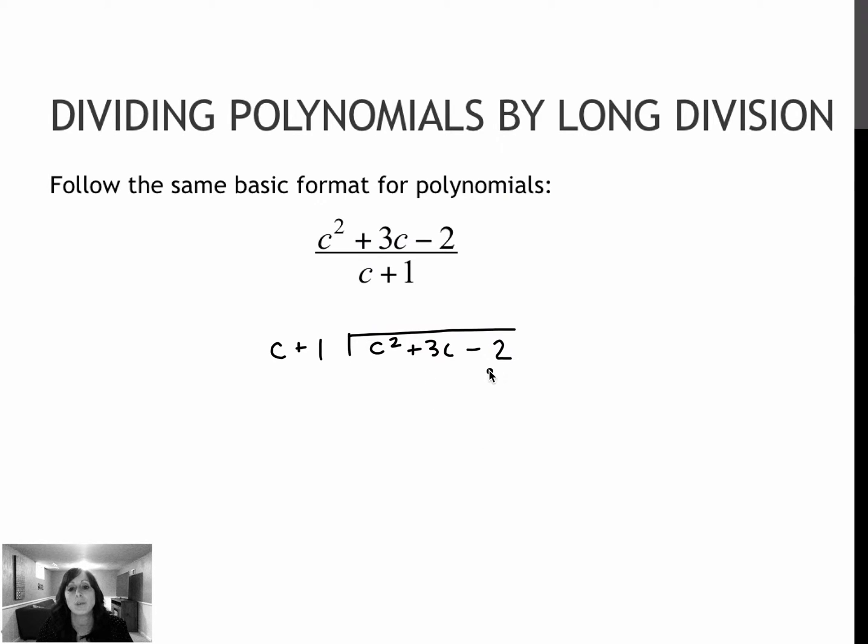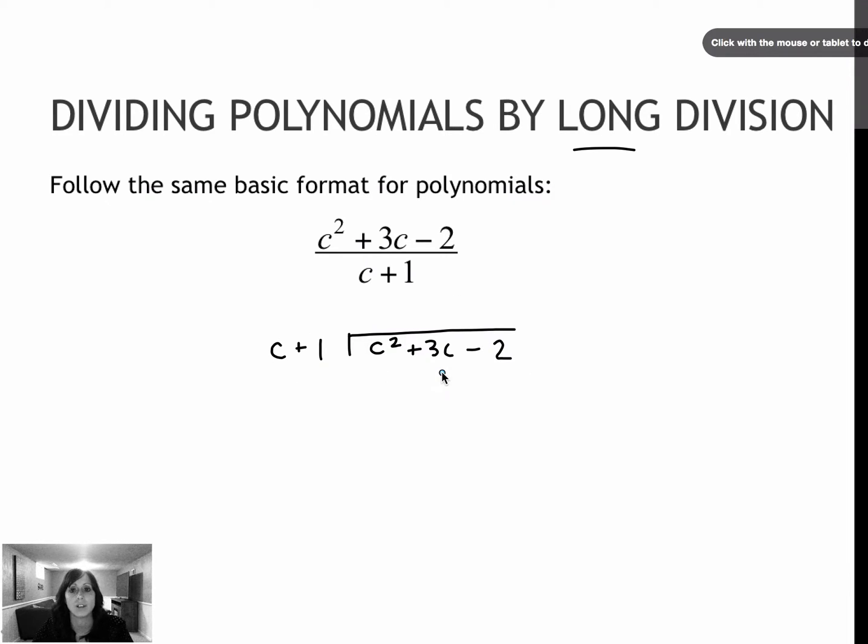And what you need to remember when you divide by long division, or in the next video we'll talk about synthetic division, is on the inside you really need to start at whatever the highest degree is. Make sure that this is in standard form, and then even if there was, say, no c value here, I would still write plus 0c, because you have to have a placeholder for every degree all the way down to 0. We'll get to that in the next question.